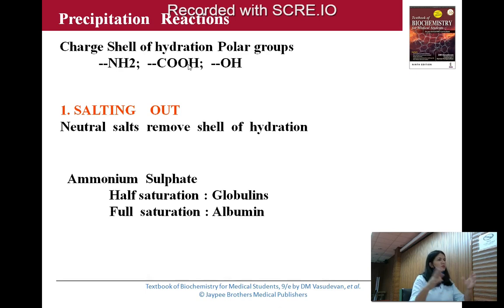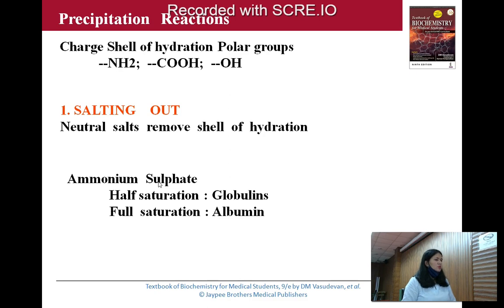So there will be lots of water molecules around each protein, forming what is known as a hydration layer. Each protein molecule is separated from the others by a hydration layer, thereby kept in solution. But once you add huge quantities of these neutral salts, they try to remove this hydration layer around the protein molecule.